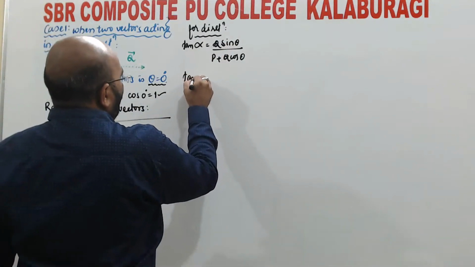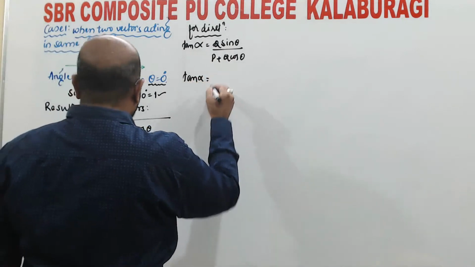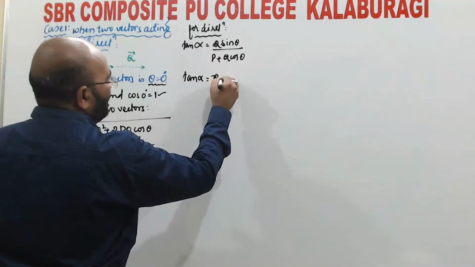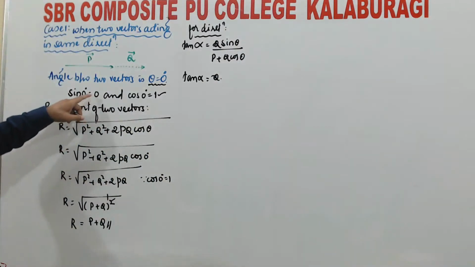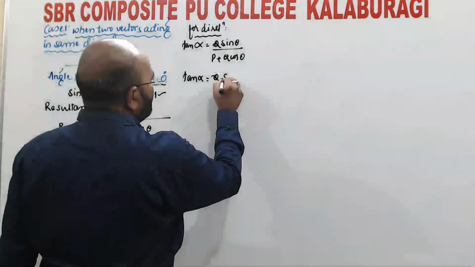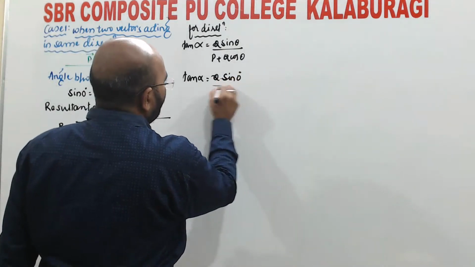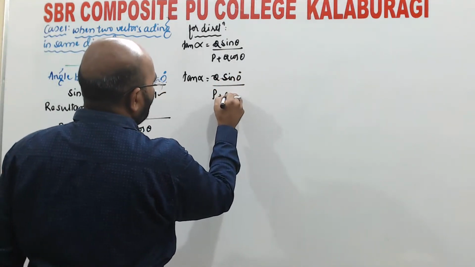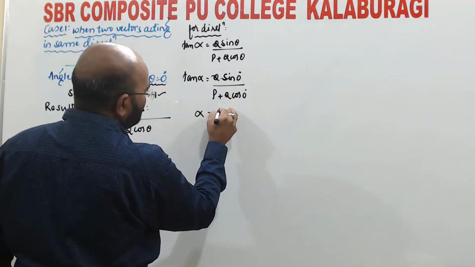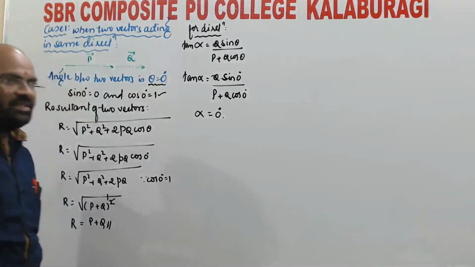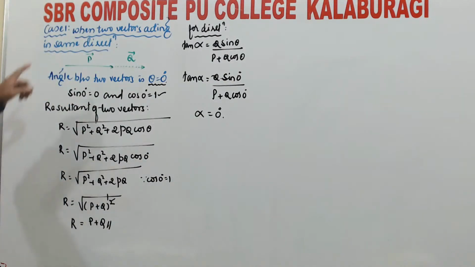Therefore tan alpha is equal to q sin 0 degree divided by p plus q cos 0 degree. You know very well sin 0 is 0. Hence alpha is equal to 0. So this is the corresponding direction when both vectors are in the same direction. This is case 1.